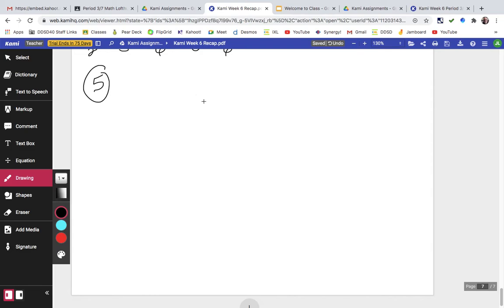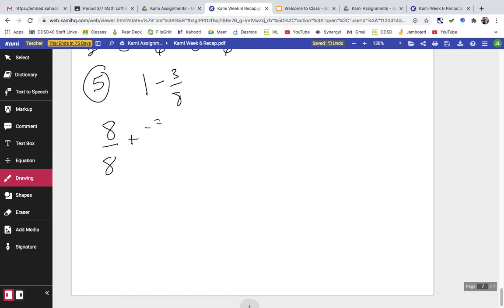The fifth problem was 1 minus 3/8. So we could change 1 to 8 and just have 8/8 plus a negative 3/8.